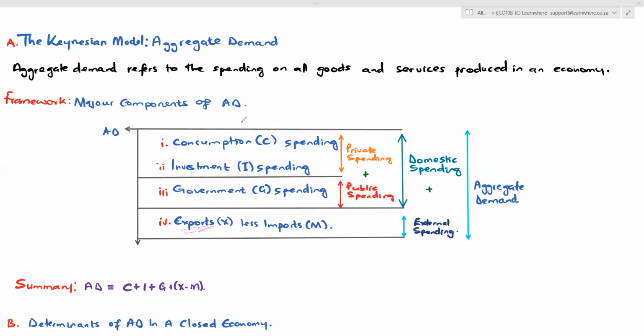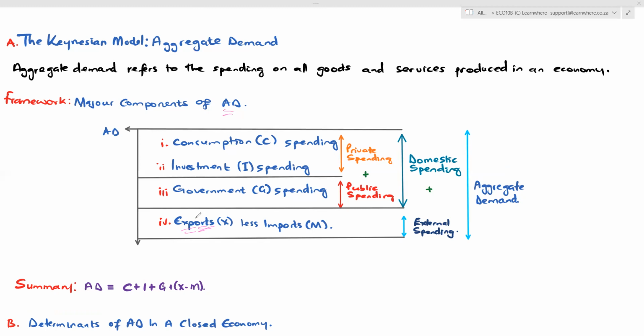So when you're looking at aggregate demand, we're simply looking at the spending on goods and services that were domestically produced. So we have to make sure that we add those goods and services that were produced in South Africa but consumed in other countries. But we also have to separate out goods and services that were consumed in South Africa but produced outside of South Africa, because the production that we really want to understand, ladies and gentlemen, is the production that is taking place in South Africa.